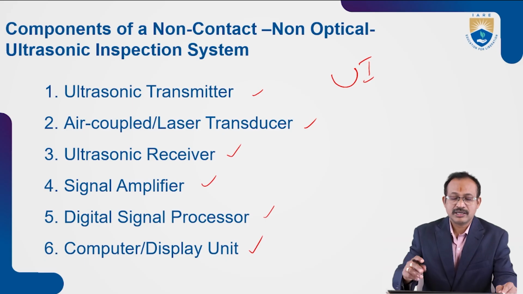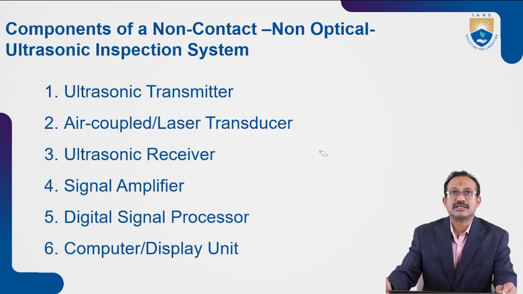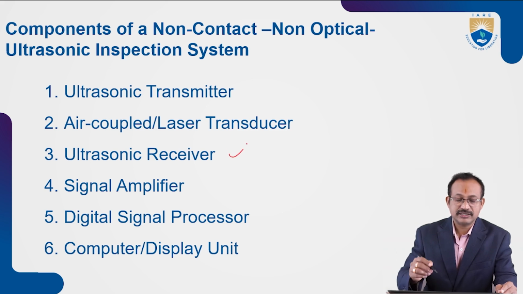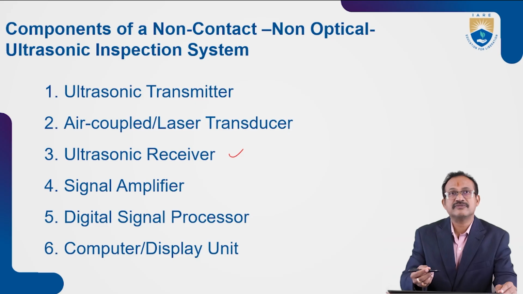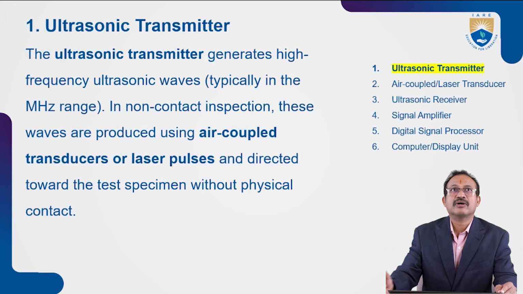The main components are the ultrasonic transmitter, which transmits ultrasonic waves, and the ultrasonic receiver. The transmitter transmits, the receiver receives, detects and converts. Let us see what will happen here. Ultrasonic transmitter, first one.